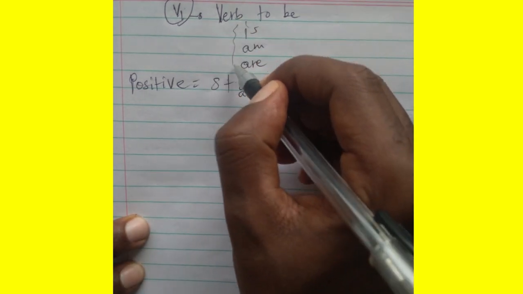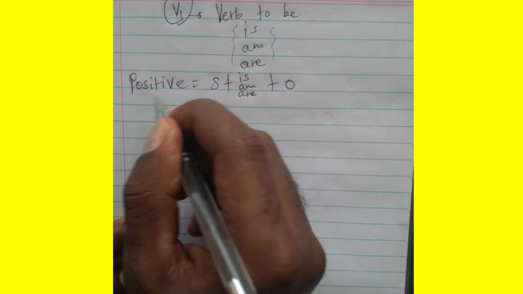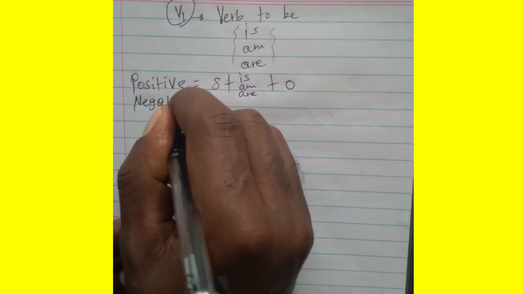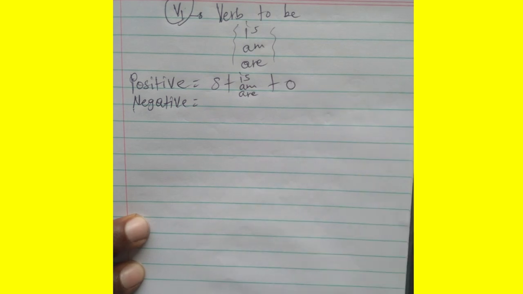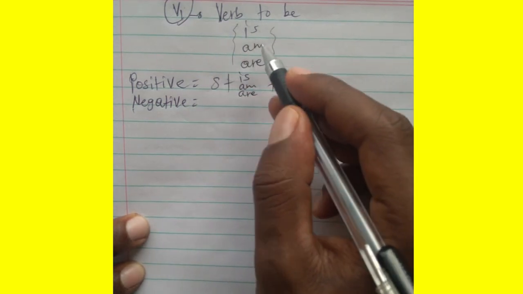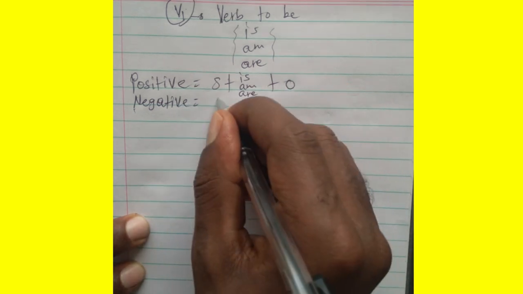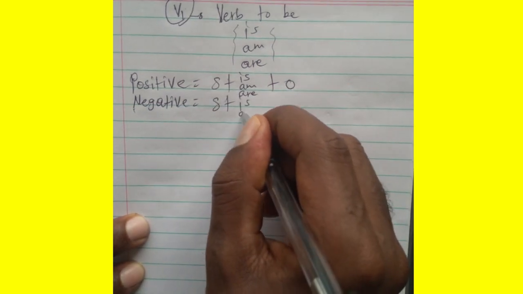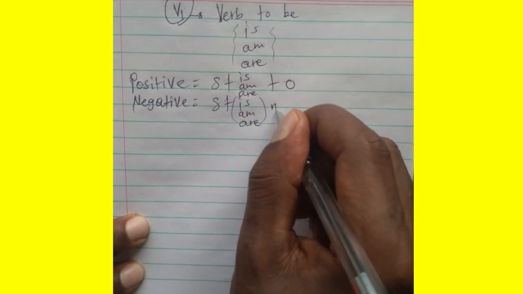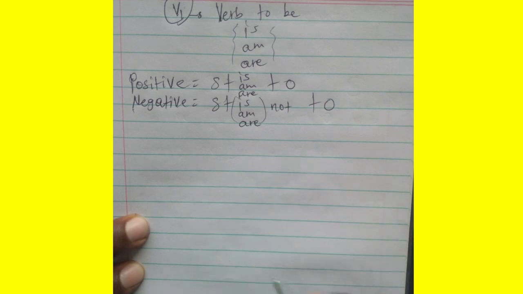And to change this one into negative, the negative structure of the simple present tense when the verb one is helping verb, verb to be in the positive sentence, it will be subject plus is, are. It is just a matter of adding not to the verb to be, and then object will follow.